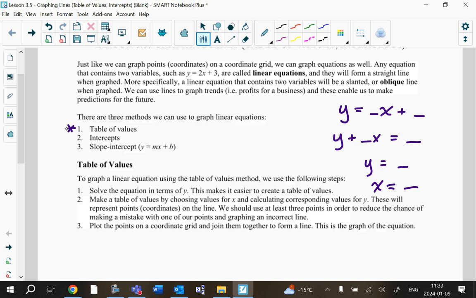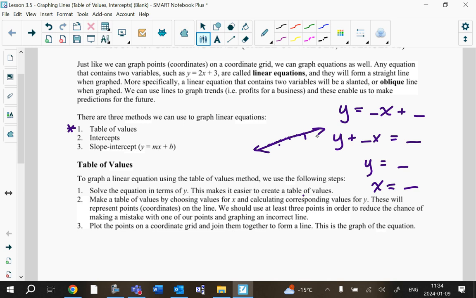If you had a series of infinite points side by side, going on forever in both directions, those points are so close to each other that they actually form a line. Okay? So what we want to do when we graph a line is find some points on it. We don't have to find every single point because you can't. It's impossible. You would be working forever. So we want to find a few, and then we can just draw the line through them. We'll see the line when we plot a few points.